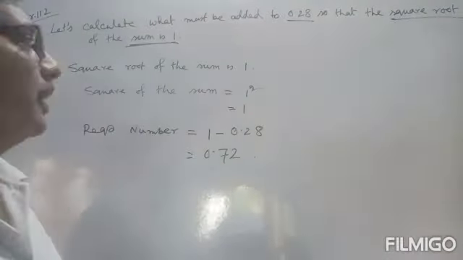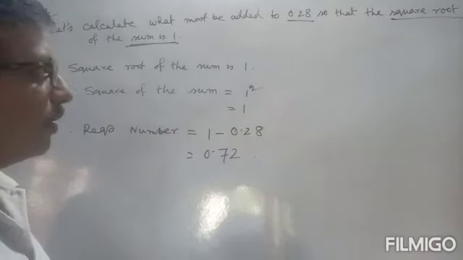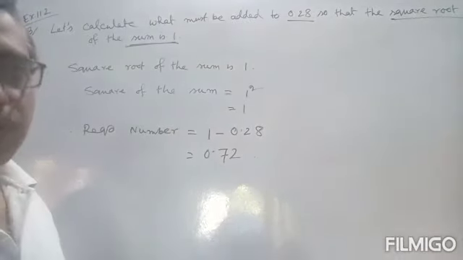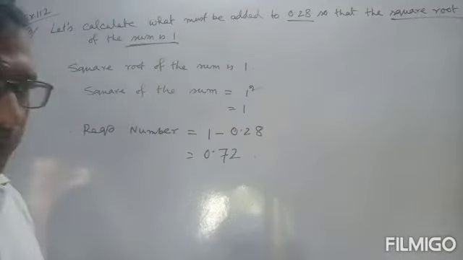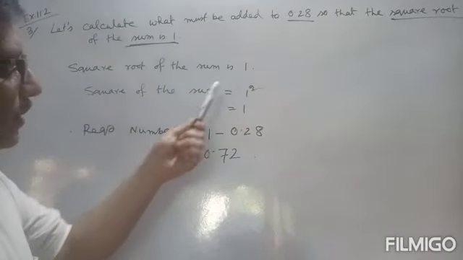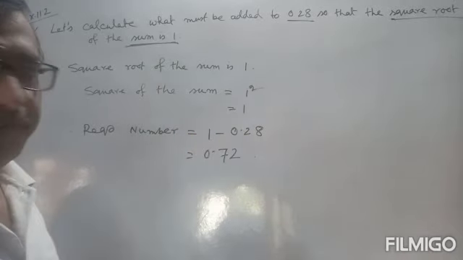Therefore the square of the sum of the numbers: if the square root of the sum is given, if we square this then we get the sum. So first we square 1. 1 squared is nothing but 1.